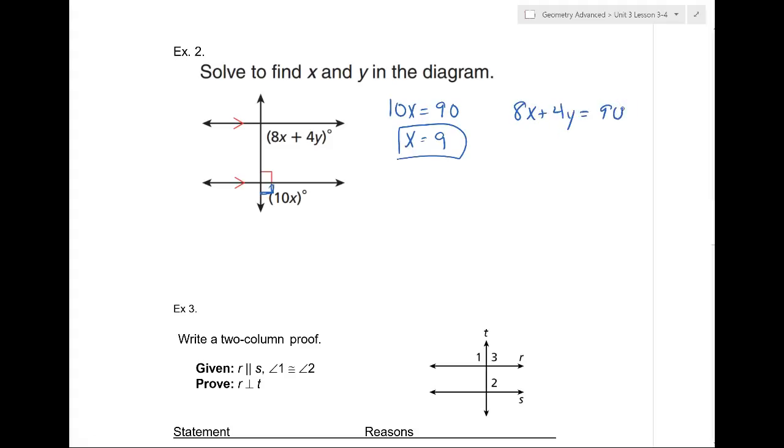We know that equals 90, right? 8x plus 4y is equal to 90, because if one's a right angle, the other one has to be a right angle. The cool thing is all I have to do is substitute 9 in for x. So I get 72 plus 4y is equal to 90. 4y should equal what, my friends?